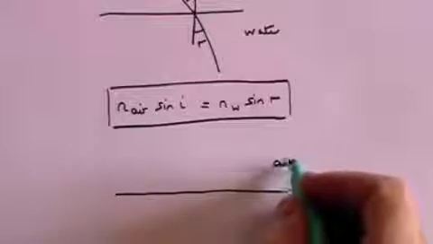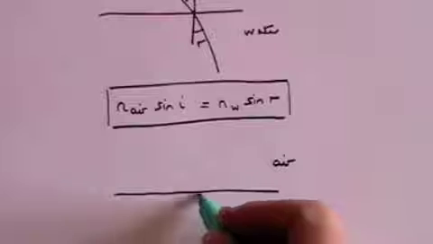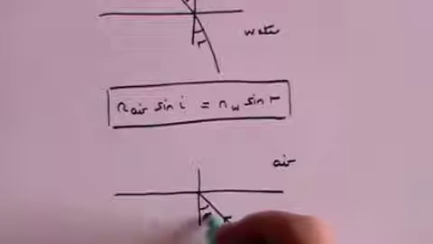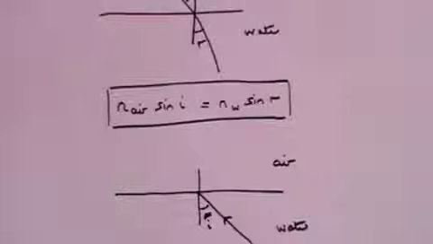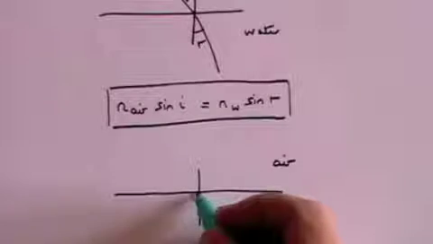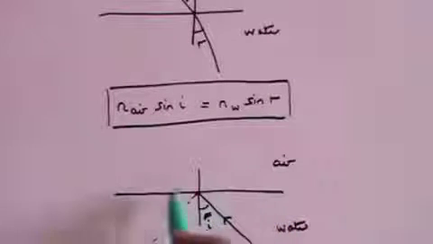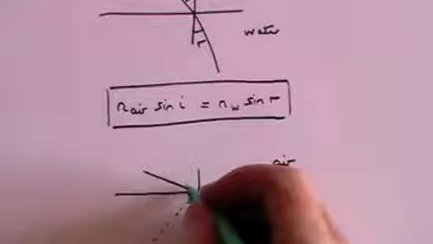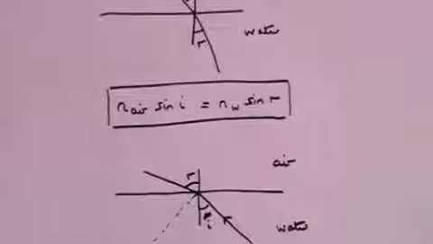Now you can, of course, transmit the light the other way. Let's again say that that's air and that's water, and we have a torch underwater and we shine it in this direction, and it will hit at an angle of incidence, like that. Now what happens? Well, some of that light will be reflected back off of this surface, and some of it will be refracted at an angle of refraction r.